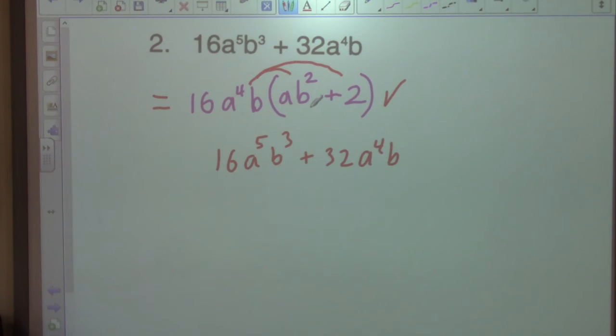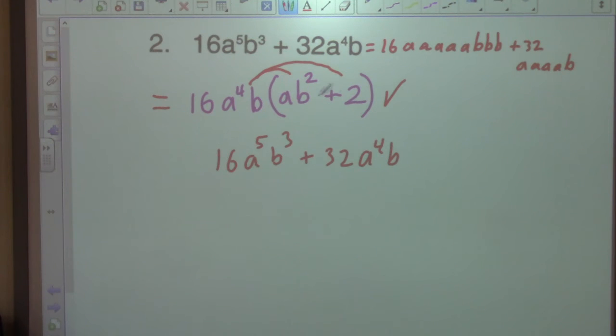Now, let's backtrack a little bit. What I want to do is rewrite these expressions in a longer form. We know that 16, and these A's here, you've got 5 of them, and then you have these 3 B's here, b cubed. And then you have plus 32, 4 of these A's, and then 1 of these B's.